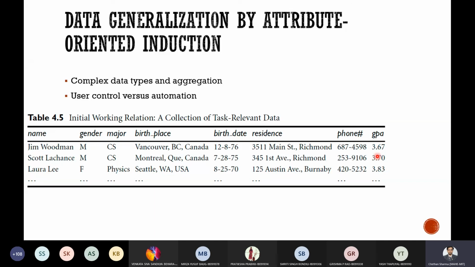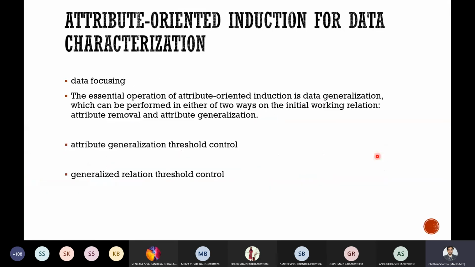Like this, you can create ranges. Again, this in turn can be generalized as excellent. If the grade point average is between 3.75 and 4, you can replace it with a value called excellent. If it is between 3.5 and 3.75, you can replace it with a value called very good, something like this. So the attribute can be generalized.